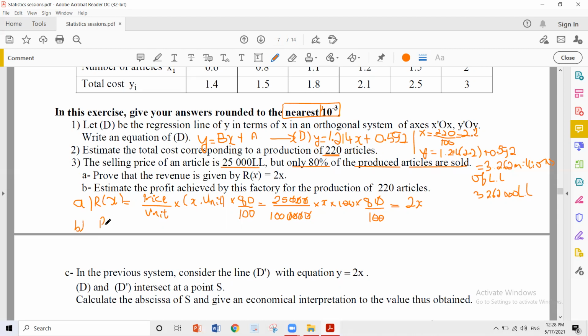Profit equals R(x) minus C(x) equals R(x) is 2x minus what is C(x)?